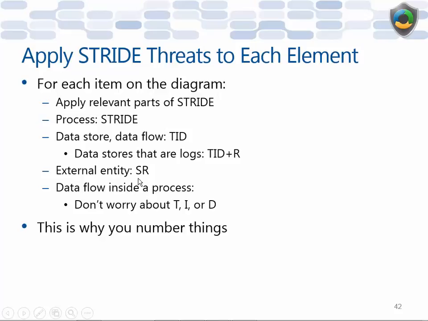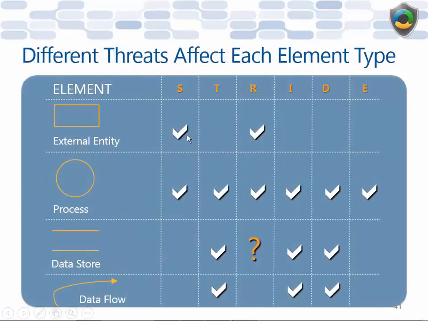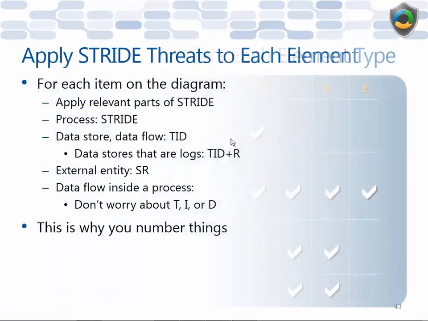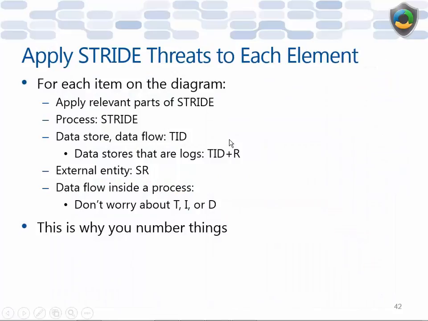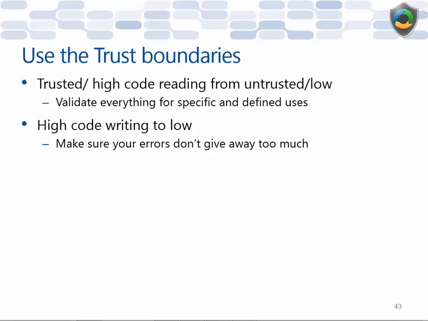Some things you'll have probably little control over. If they're external entities, you might have very little control. If you've got an application that needs to have an internet component to it, as an example, you might not have total control over that part of it. Trust boundaries, as it says, validate everything for specific and defined uses.